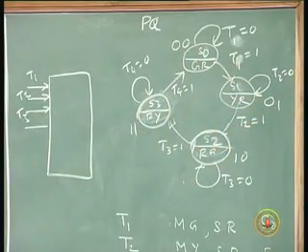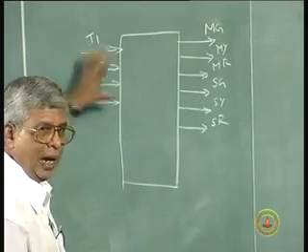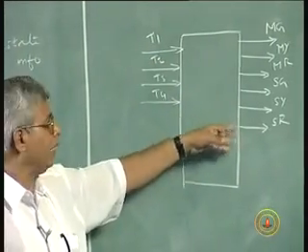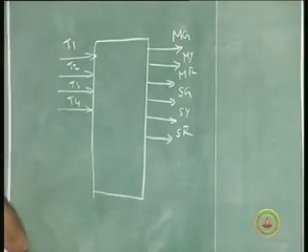That means based on the present state information, the current value of P and Q, the next state will be decided and which light will be on will be decided, right?